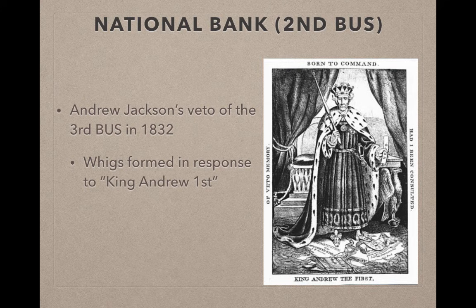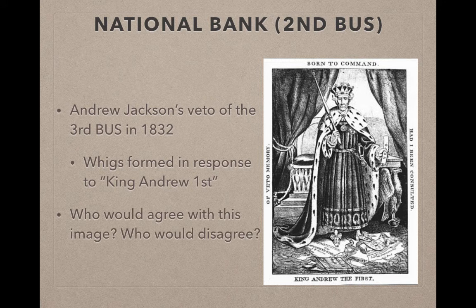And this is a very famous political cartoon, because what's unique about this is Andrew Jackson vetoed the bank, and this was the first time a president vetoed something because he didn't like it, not because he thought it was unconstitutional. He vetoed it because he personally did not like it. And you see here in his left hand, he has a veto in there, and many people thought that he was abusing his power. So key questions you should ask yourself anytime you see a political cartoon is who would agree with this, who would disagree with this.